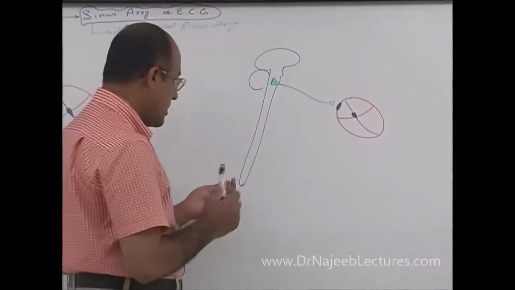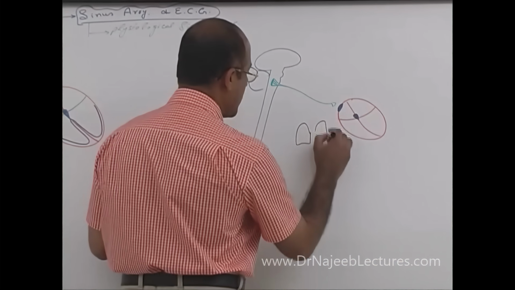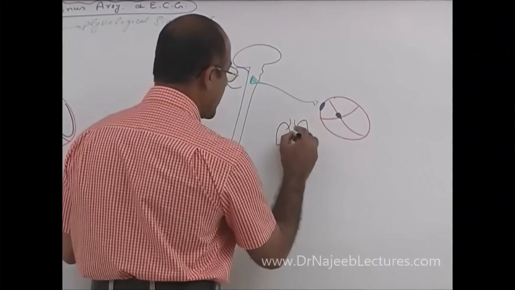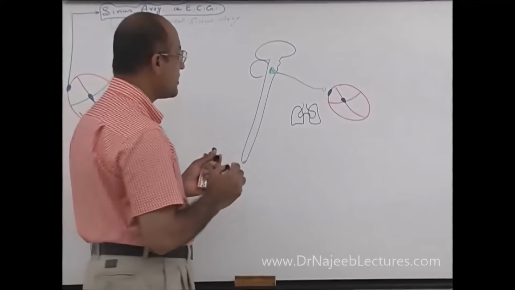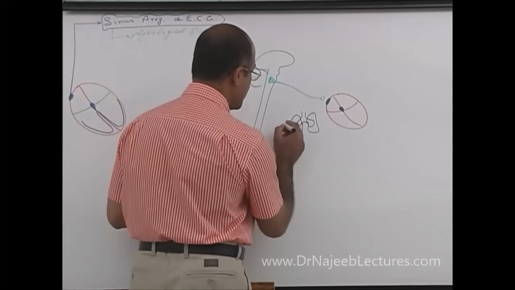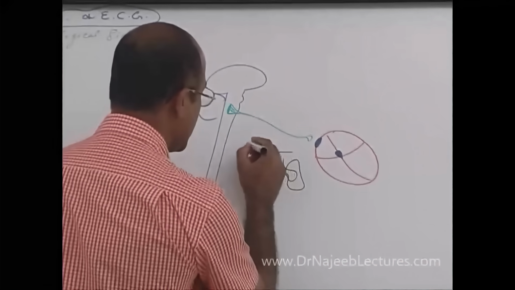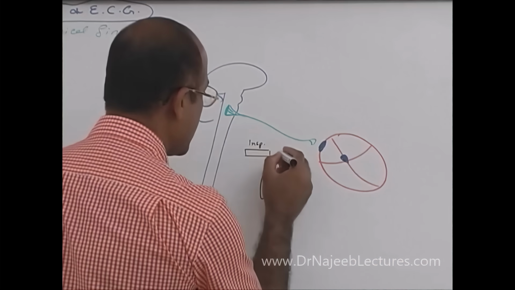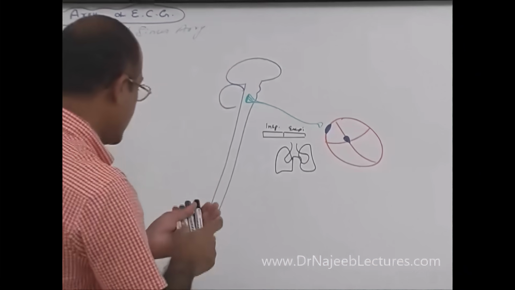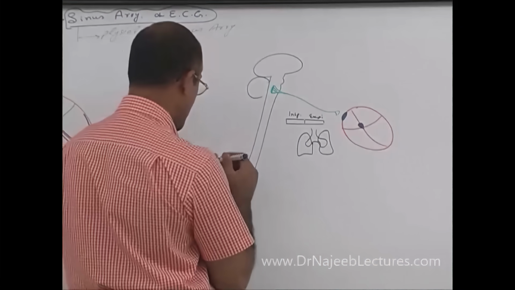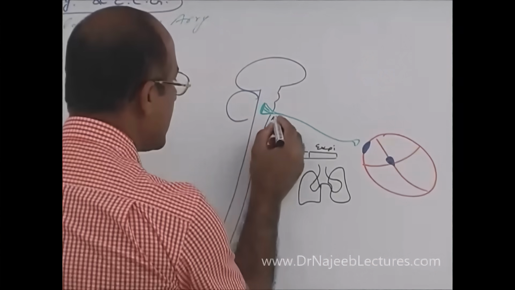Now, a very important concept to understand is that vagal activity fluctuates during the respiratory cycle. Suppose here is inspiration and here is expiration. During the inspiratory phase, the vagus is inhibited.